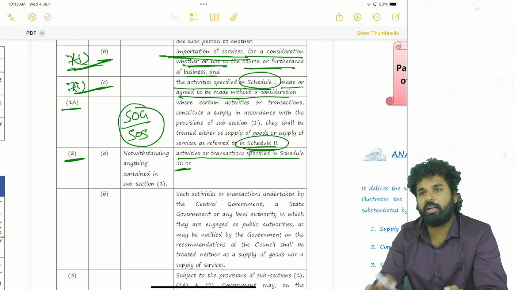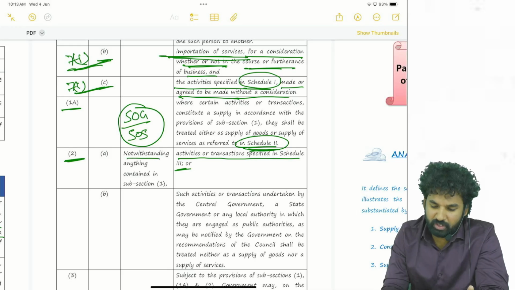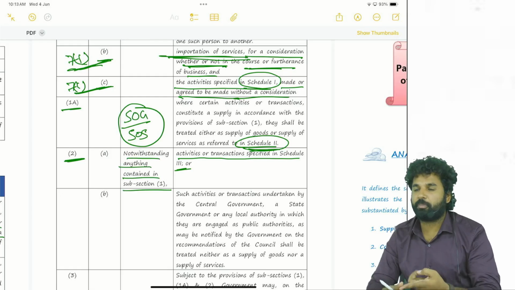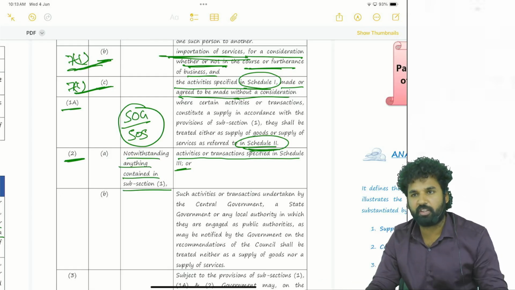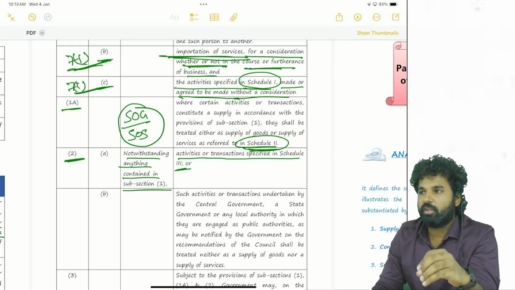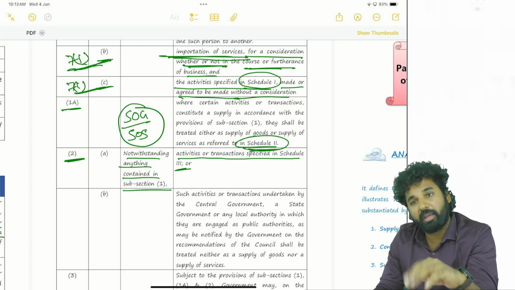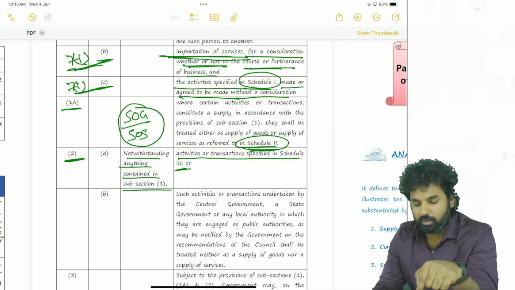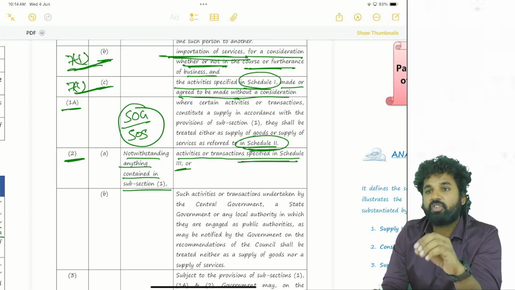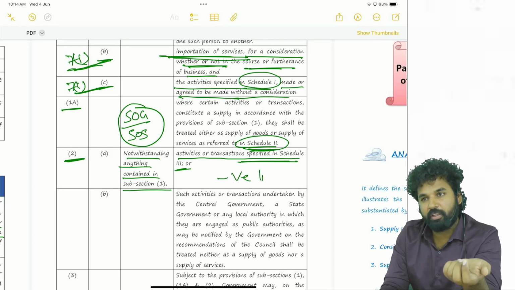That means notwithstanding anything contained in subsection 1, even though 7.1a is satisfied or 7.1b is satisfied or 7.1c is satisfied, even though all the conditions required for an activity to become a supply are met, if these activities are there, it is not considered as supply. That means it is a negative list.